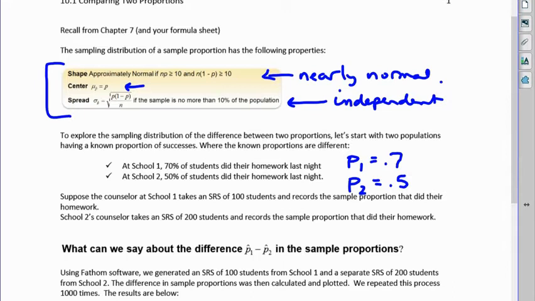If we have counselors at school 1 and they take a simple random sample of 100 students and record the sample proportion, that's going to be a statistic for that school. And at school 2, they could do a simple random sample of 200 students and record a sample proportion of kids who did their homework, and that would be a statistic. Notice the hats on the statistics. That would be for school 2.